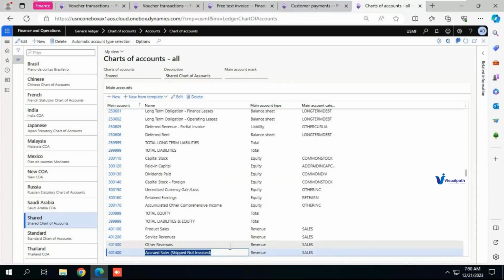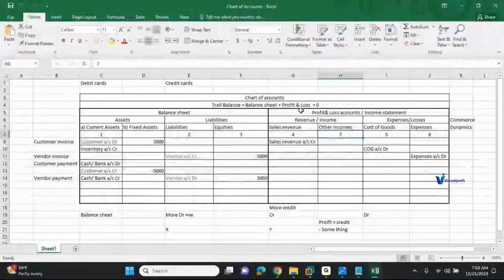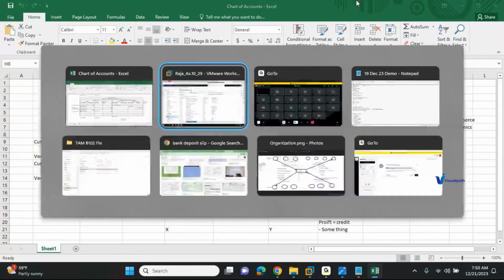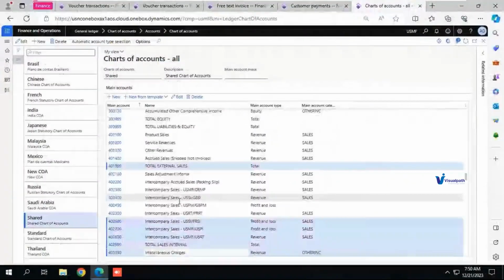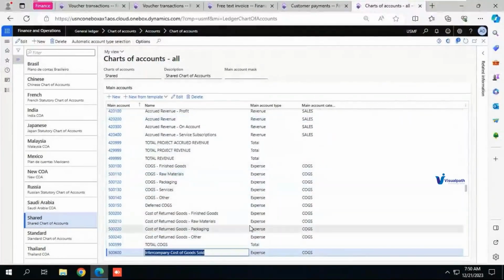Four series, it is revenue. So here in the Excel, four series is sales revenue, and seven series is other. Five series, it is cost of goods, COG.